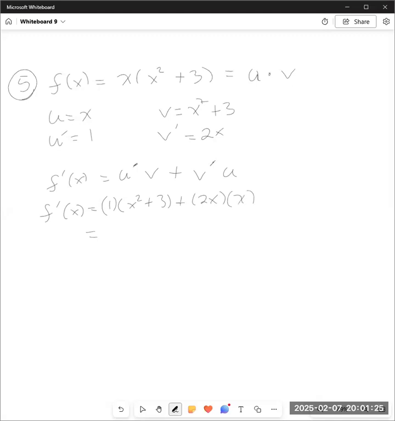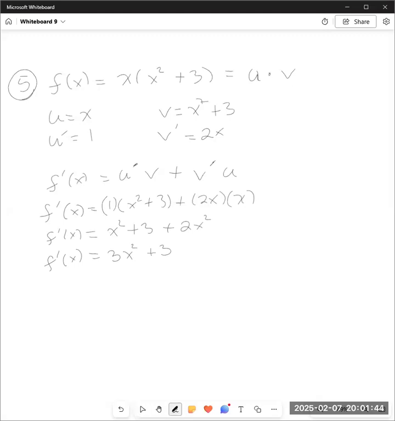So this is going to be x squared plus 3 plus 2x squared, which is 3x squared plus 3.